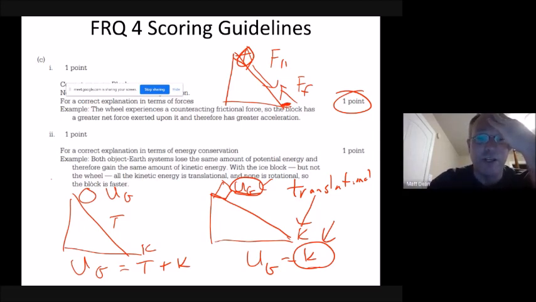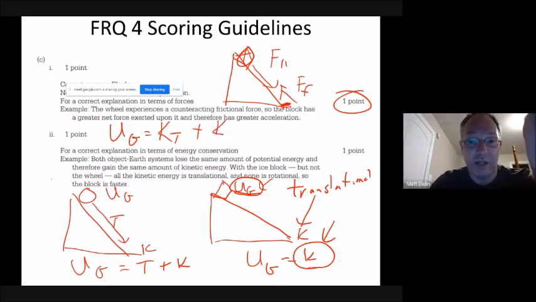Forget about friction for a second. This wheel is not only sliding down the plane, it's rotating, which means that the potential energy that it starts with is getting converted into, I'm going to say, translational kinetic energy, but it's also getting converted into rotational kinetic energy.